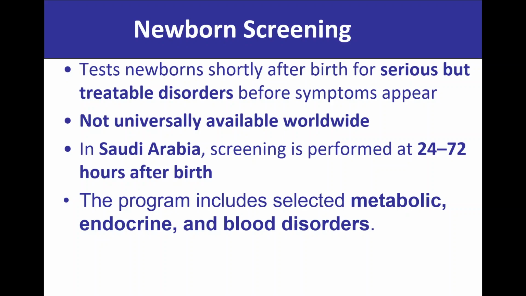In Saudi Arabia it includes several screenings. Besides phenylketonuria, they screen for, I think, organic acid metabolic disease, etc., endocrine disease and blood disorders like sickle cell anemia. So the screening is not only for amino acid metabolism disorders, but also for other inherited diseases.